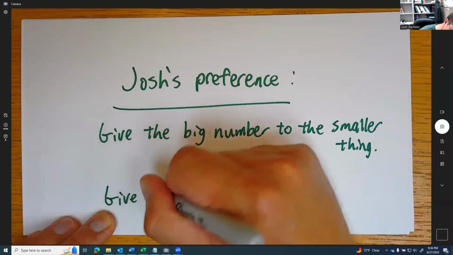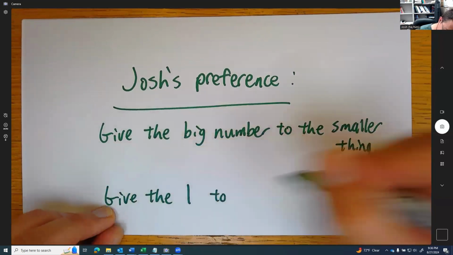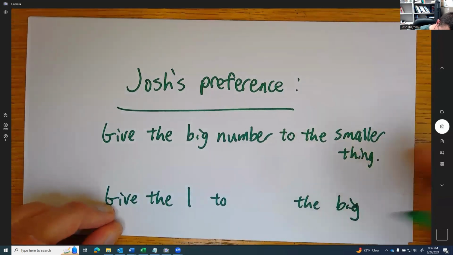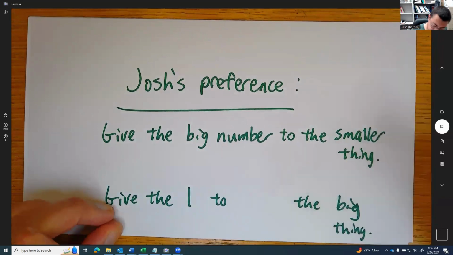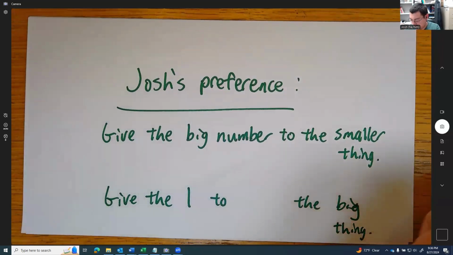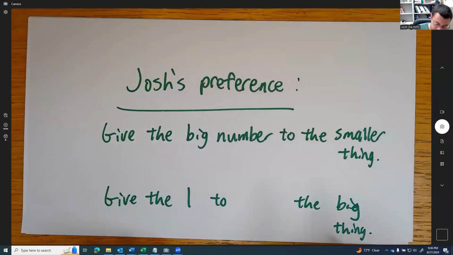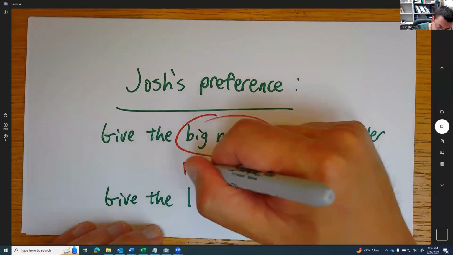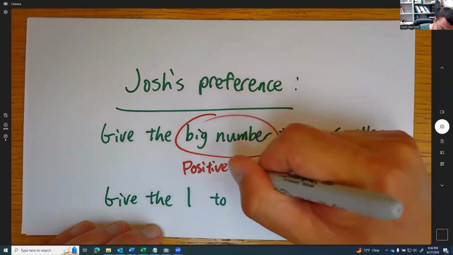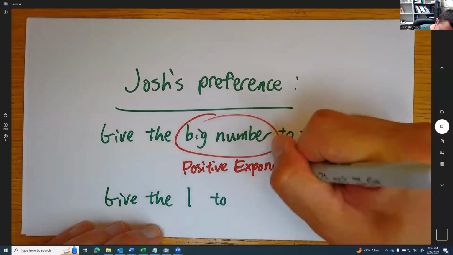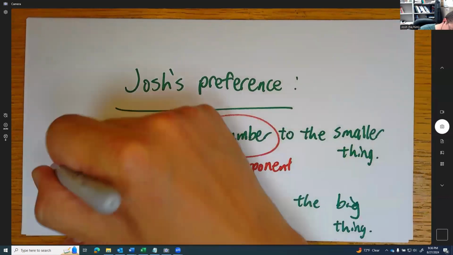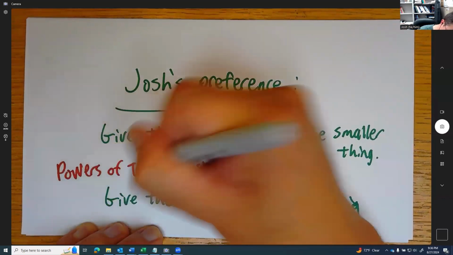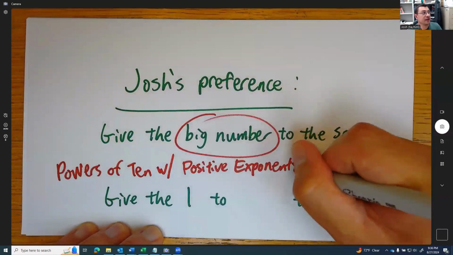Give the 1 to the big thing. If you stick with this strategy, you'll notice that this big number is always going to be a positive exponent. We're going to be working with powers of 10 with positive exponents. That is my preference.